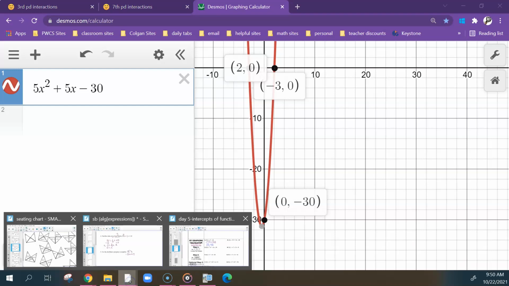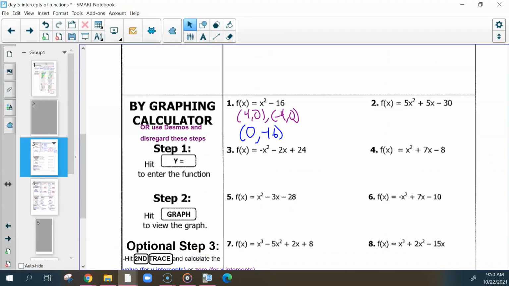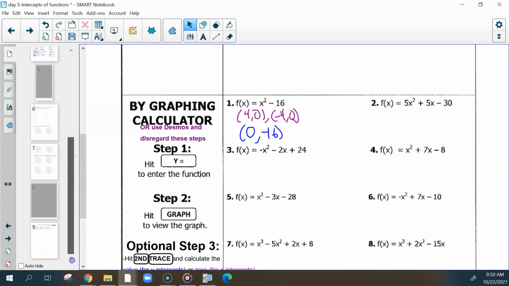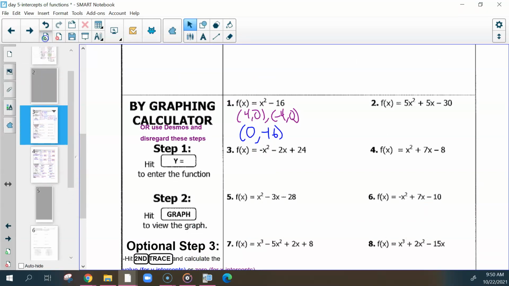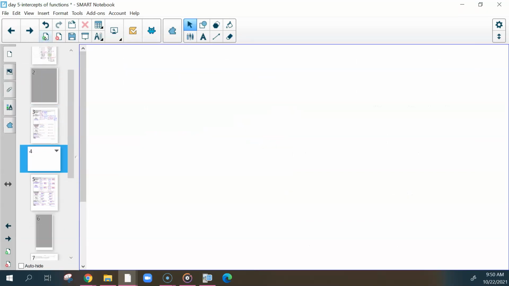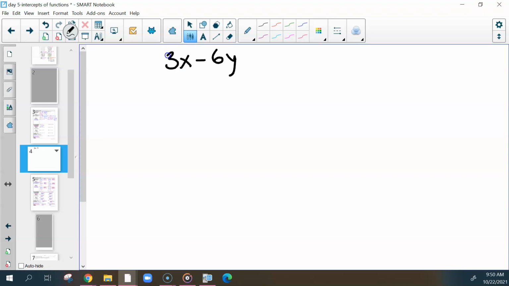Okay? The very last thing I want to show you, somewhere where you have space, I want you to write this down: 3x minus 6y equals 18.